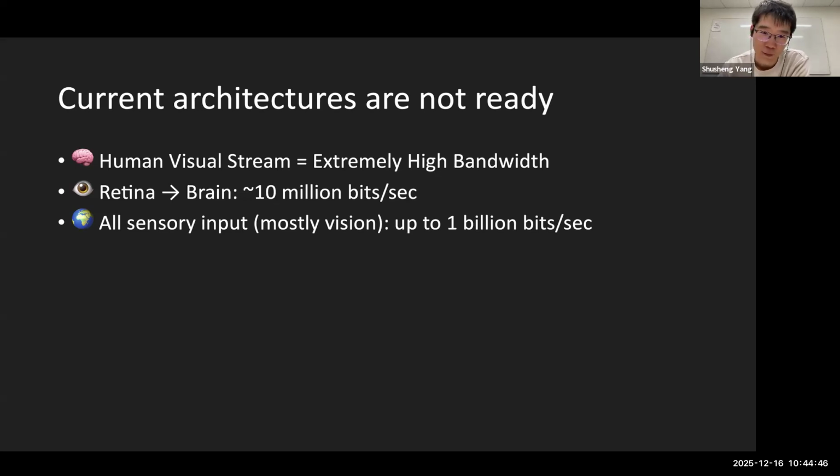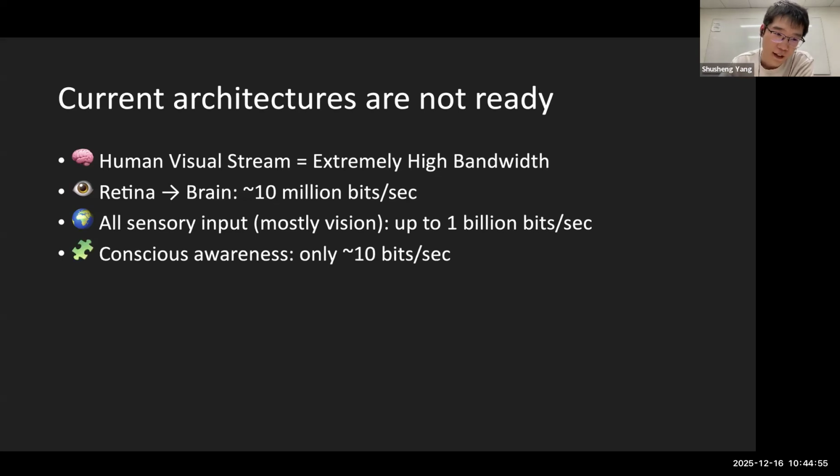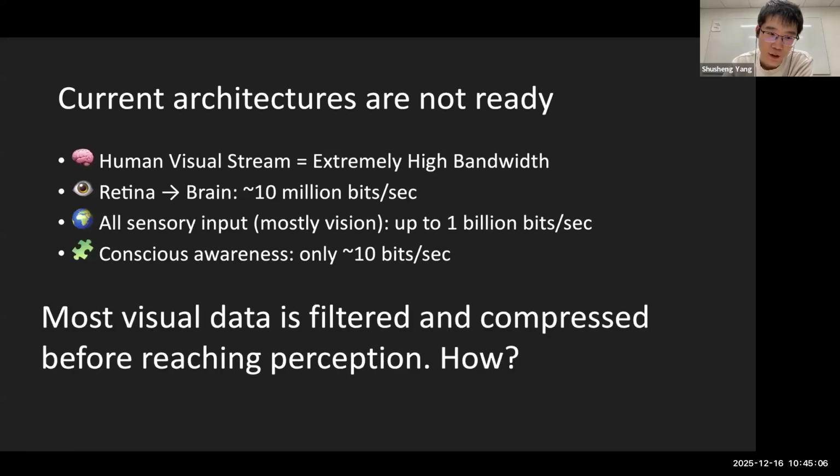So this still far exceeds current multimodal models' capability. But in our brain, the unconscious inference or the conscious awareness can only perform around 10 bits per second. So for our human brain, most of the data is filtered and compressed before reaching our perception or understanding hub.